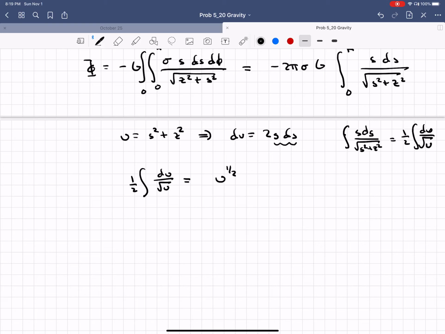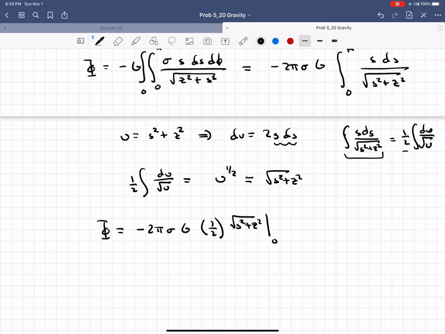And so what we have for phi is minus 2 pi sigma G times, if I go back up here, the square root of s squared plus z squared. So this bit of the integral is this 1/2. So I'm going to get 1/2 from this integral, and I'm going to get a square root of s squared plus z squared.